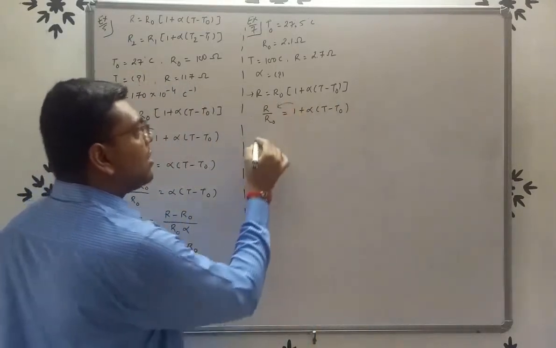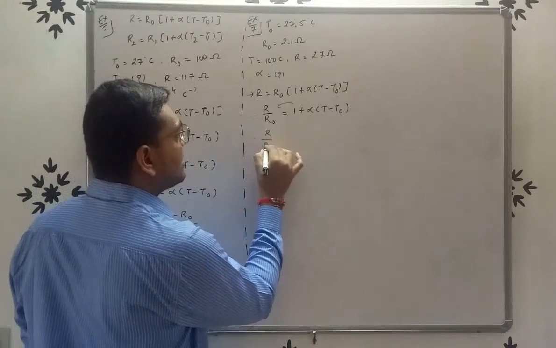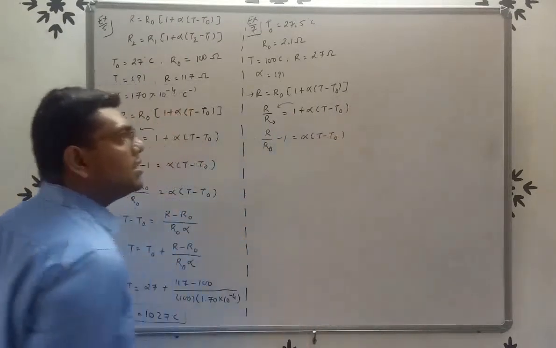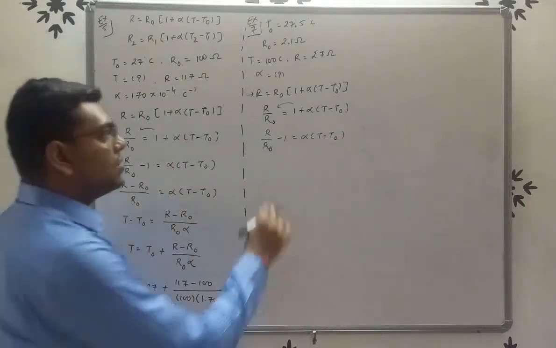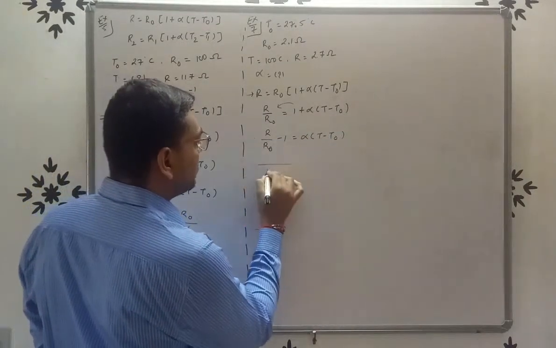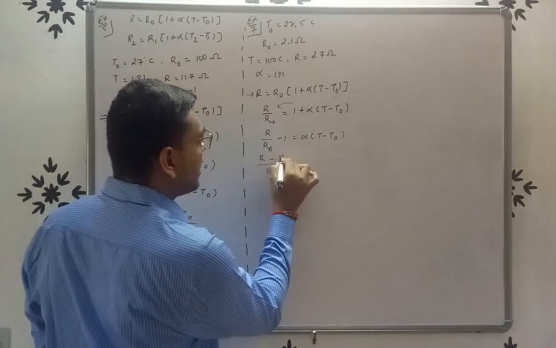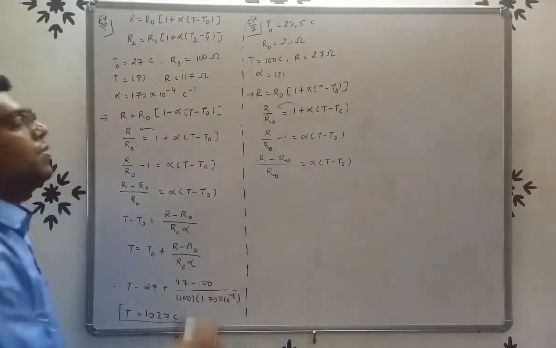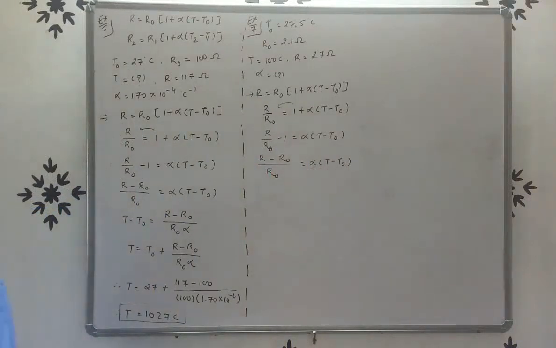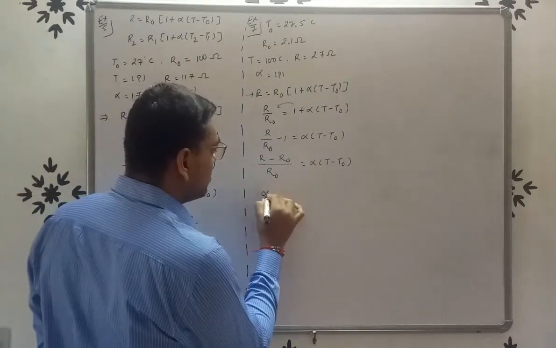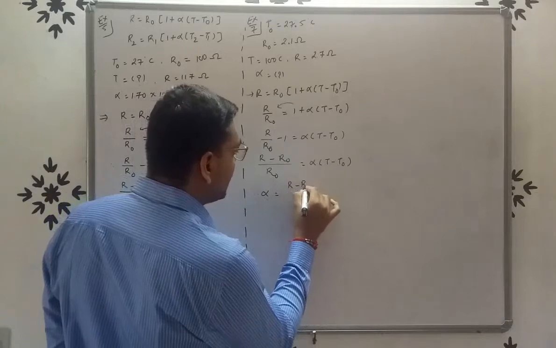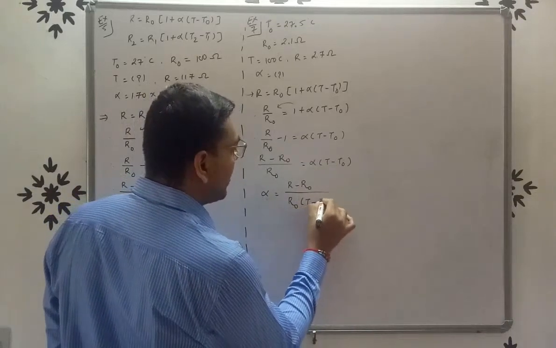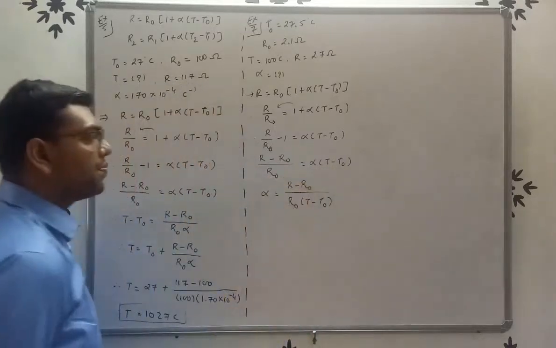Right, this 1 goes to the left hand side, so R by R0 minus 1 is equal to alpha into T minus T0. Right, so here R0 LCM, so we will get R minus R0 upon R0 is equal to alpha into T minus T0. We have to find out alpha here, so we will get alpha is equal to R minus R0 upon R0 into T minus T0, right?